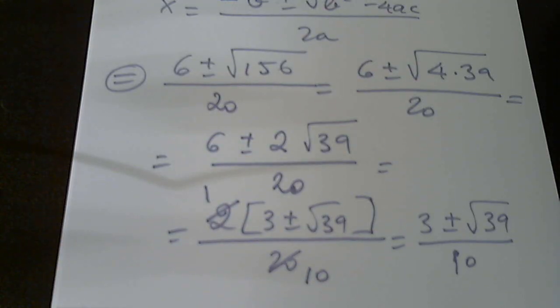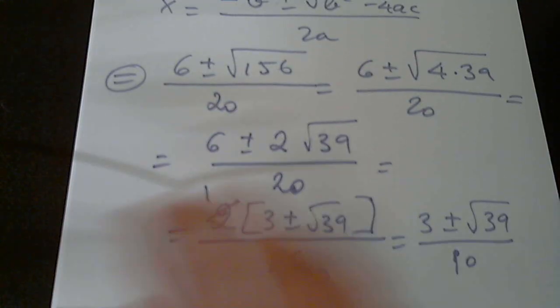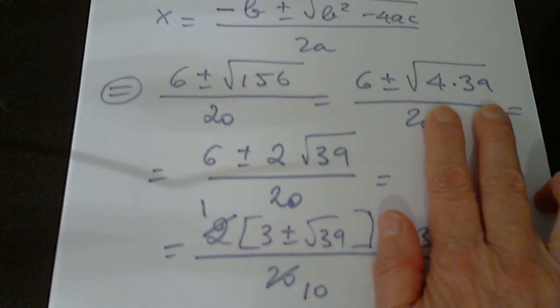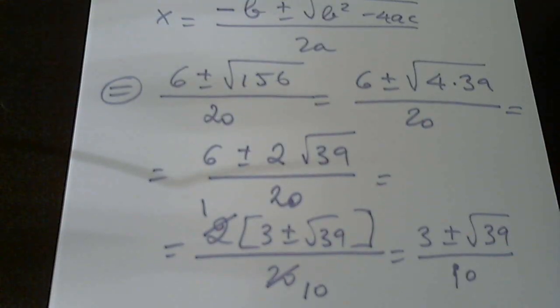So what I understand is you basically have to simplify it to a point that it becomes a perfect square. Yes. So that's why I had 4 times 39, and then I had to stop. That was the only thing I could do. Okay, I understand now. Thank you.